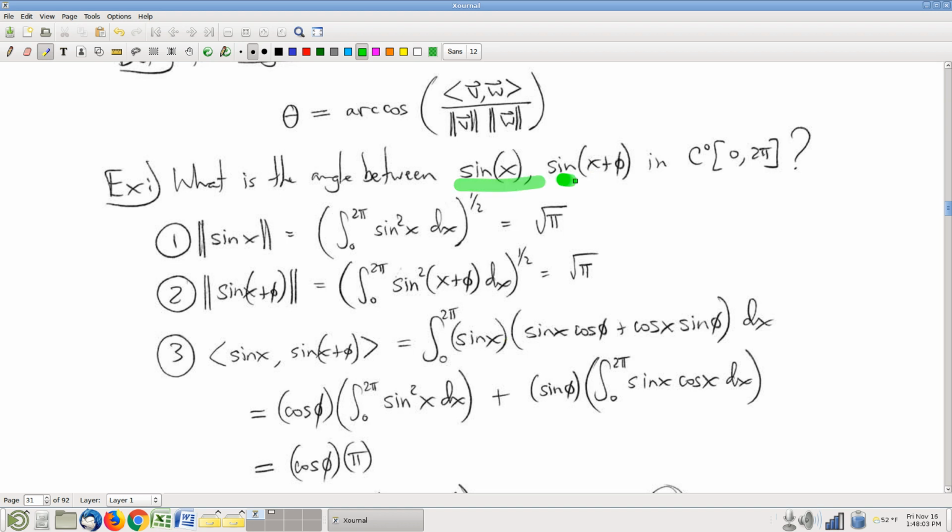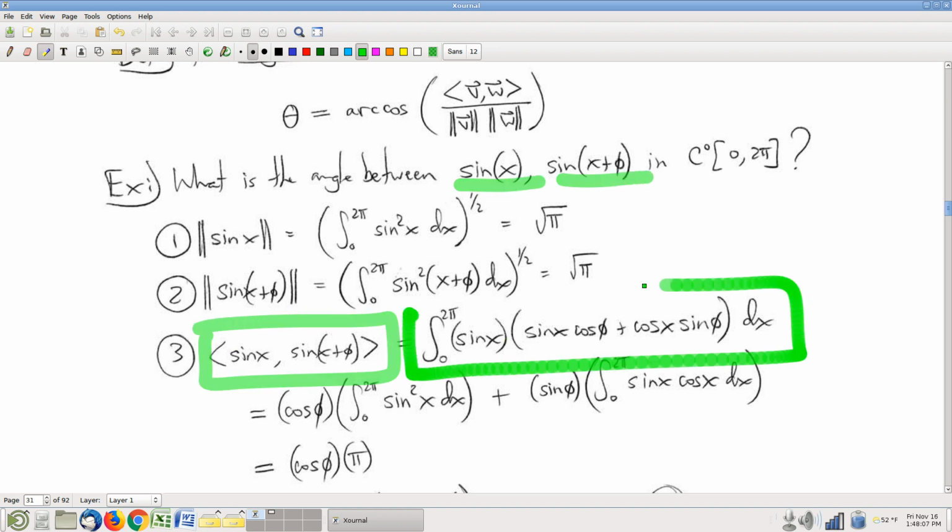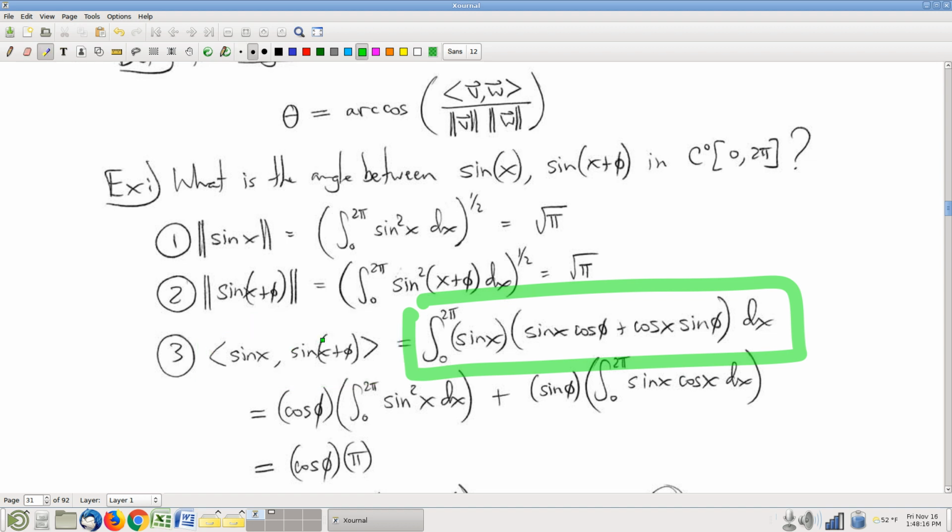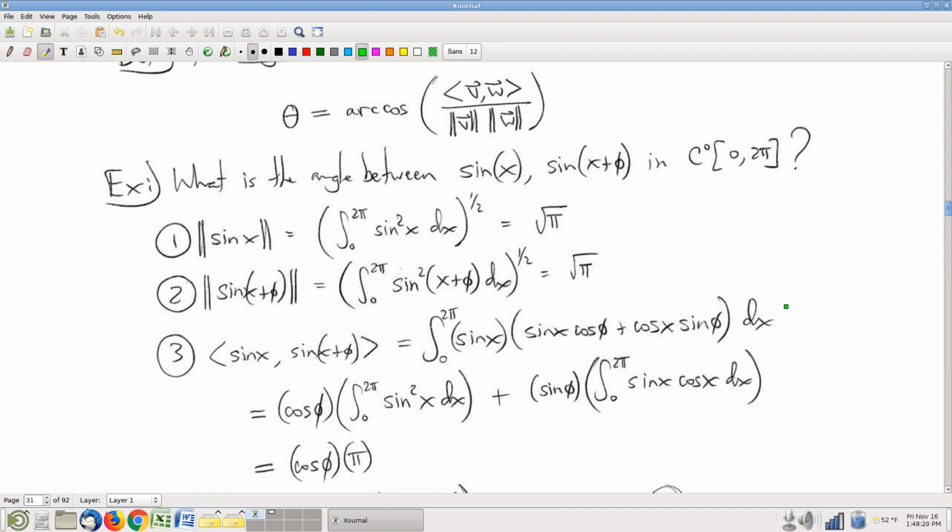Lastly, looking at these two vectors, taking their inner product using the L2 inner product defined a couple of pages back, we find ourselves looking at this integral. And, well, gosh, there's a lot going on in that integral. Now, notice that phi is a constant here. So that phi is a constant, that phi is a constant.